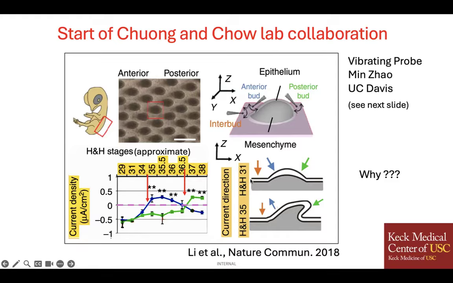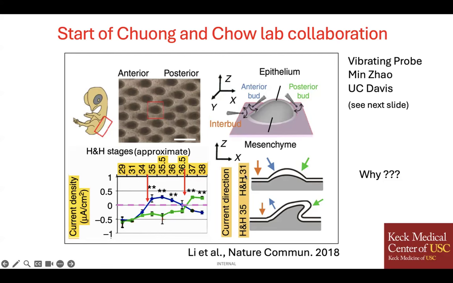So these are two different stages. These are showing that we get stage-dependent differences in whether the currents are flowing into the skin or out of the skin. All right. And blue represents the currents at the anterior, and green represents currents that are in the posterior of the feather bud.